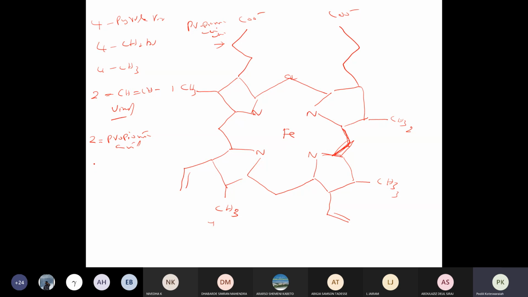It is present in the Fe plus 2 state, and in Fe plus 2 state, this can form 6 coordination bonds. 4 valencies are satisfied by the 4 nitrogen atoms of the pyrrole rings, 1, 2, 3, 4, and the 5th valency is satisfied by the histidine imidazole nitrogen of the histidine that is part of the globin chain.